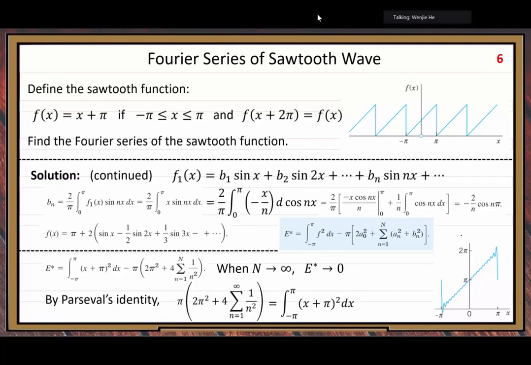Here we just apply Parseval's identity to get another identity. After cancellation and simplification, we get this identity. So we have another way to show this identity from Parseval's identity.